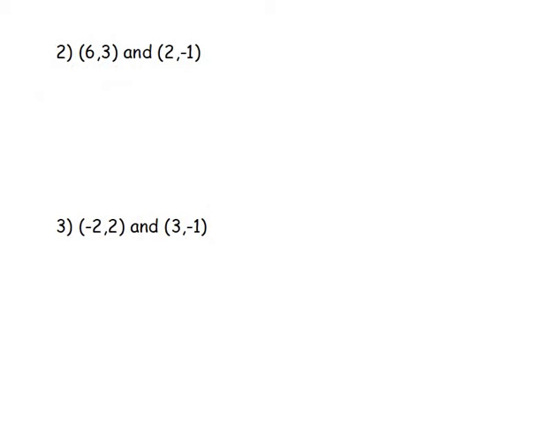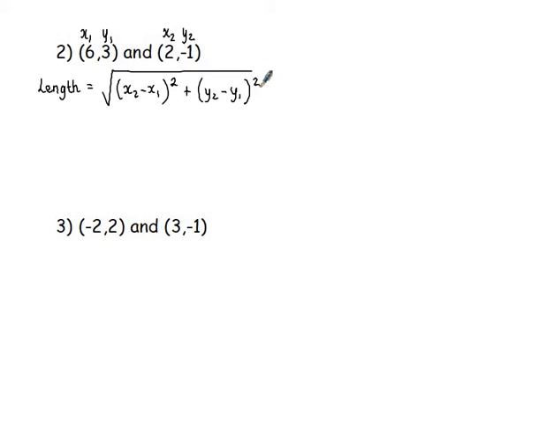Example 2 then, so we have 6, 3 and 2, minus 1. So again, if we put x1, y1 on the top here and x2, y2 on the top here, and remember the formula to find the length of the line is the square root of your (x2 minus x1) all squared plus your (y2 minus y1) all squared.